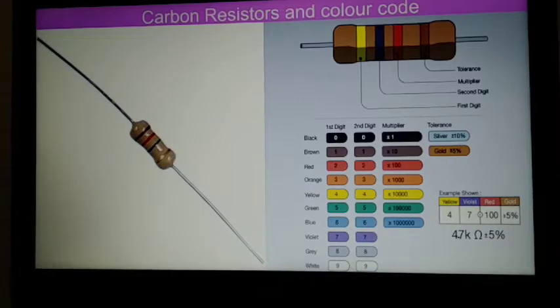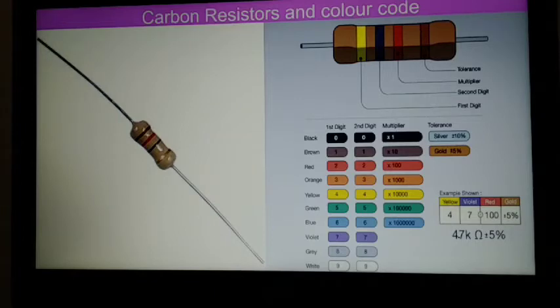If the fourth ring is silver, that indicates plus or minus 10 percent variation, that means 10 percent increase or 10 percent decrease. And if it is a gold ring, that gives plus or minus 5 percent variation, that means 5 percent increase or 5 percent decrease.